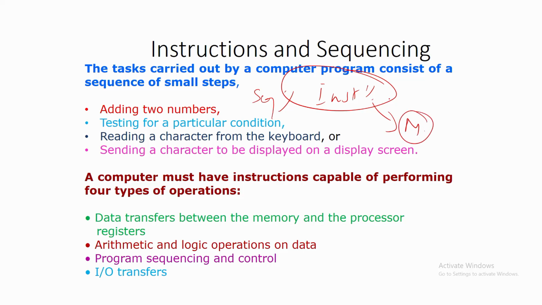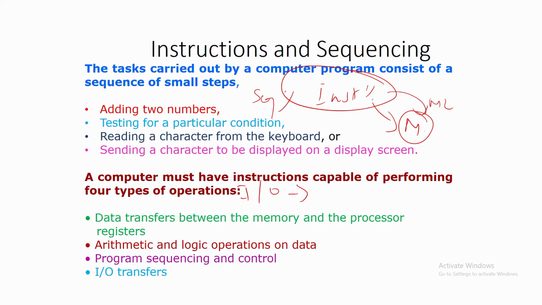This instruction is in the machine's understanding language, which means machine instruction. So this instruction performs arithmetic operations or other operations such as transferring data, performing logical operations, testing conditions, and communicating with IO devices, that is, input and output devices.